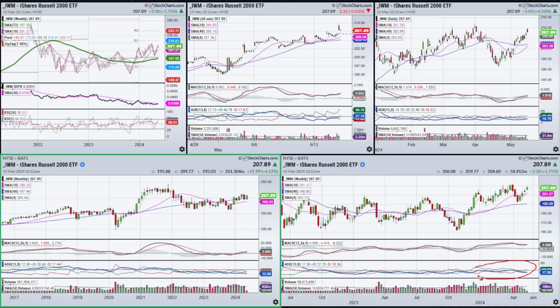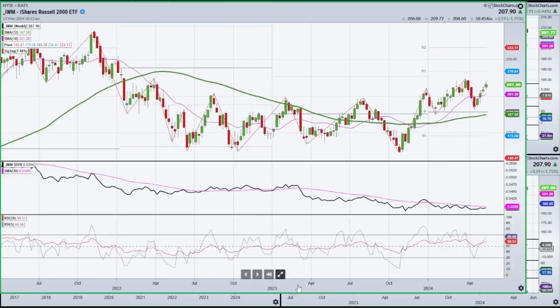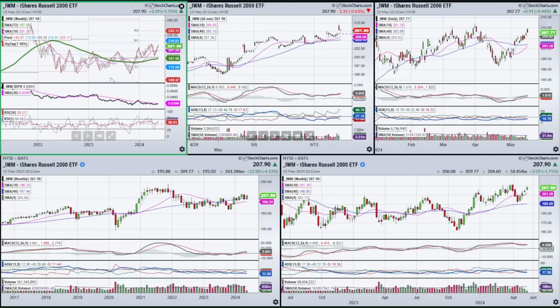We don't have a whole lot of strength yet in the trend, but again, look at what's taken place on an RSI basis. RSI held the 50 level on the pullback, and we got a deep oversold reading, and now we're turning up from that. So I'm starting to think that we could start to see a transition where this relative strength line could break above its moving average, and I think that would be confirming evidence that we could start to see more stocks participating in a more significant way.